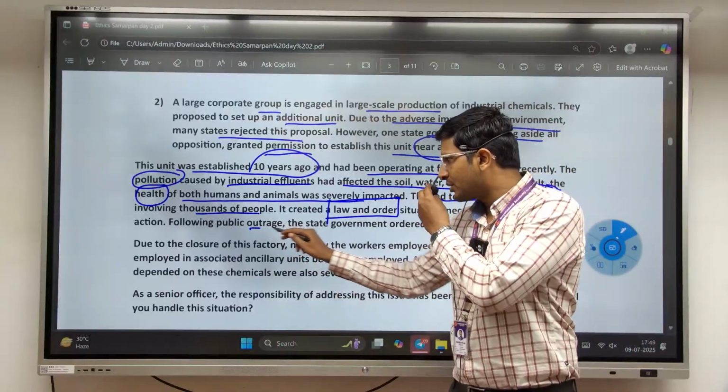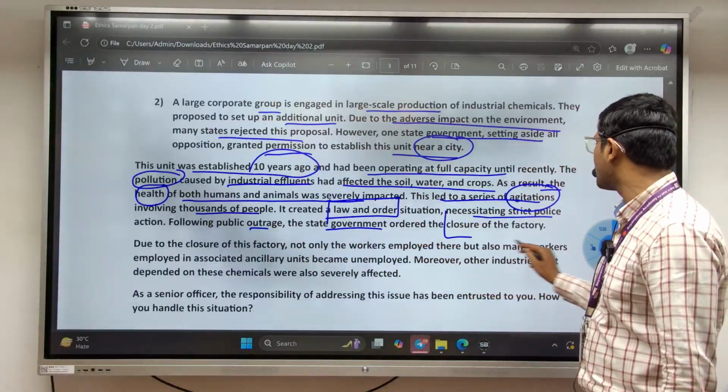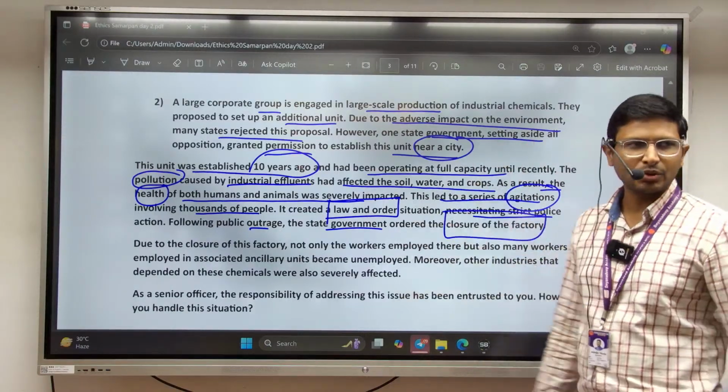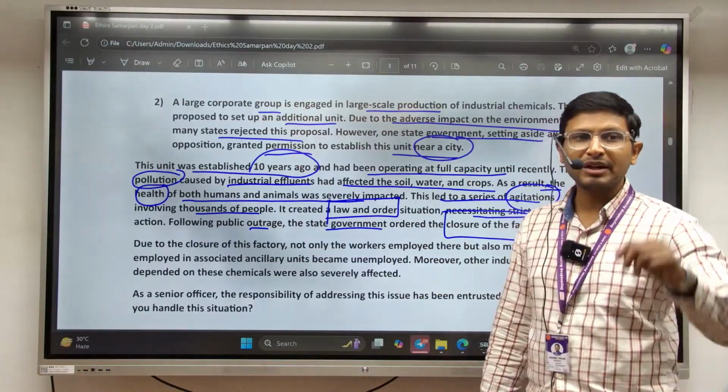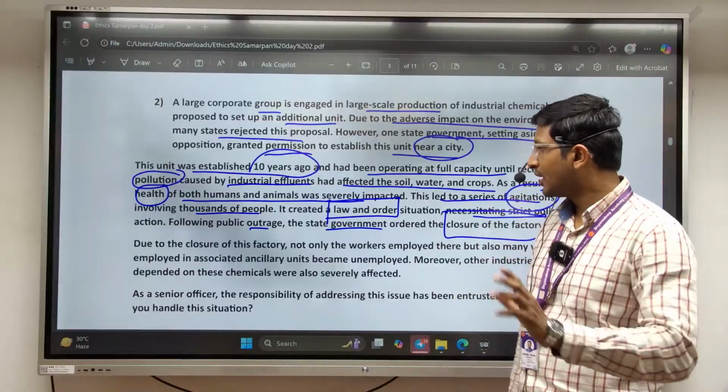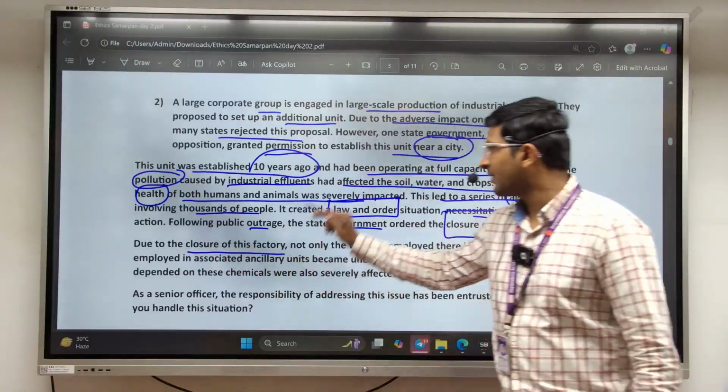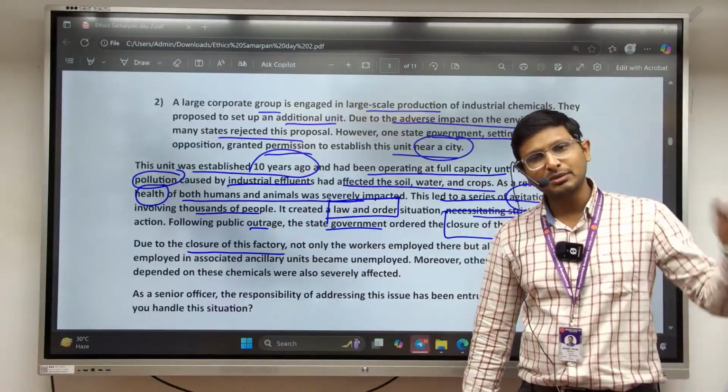Following public outrage, the state government ordered the closure of the factory. फैक्ट्री हो गई बंद. Now problem यहाँ पे खत्म नहीं होता फैक्ट्री बंद होने पे. Now see, due to closure of the factory, अब closure होने की वजह से भी अभी problems हैं.